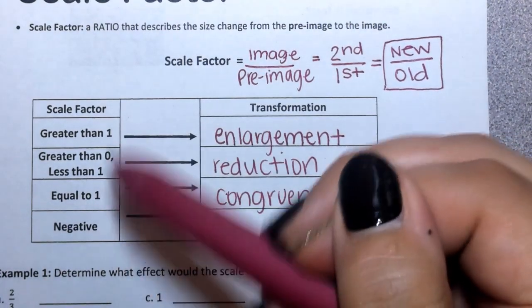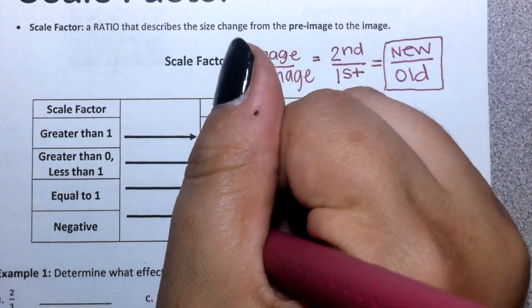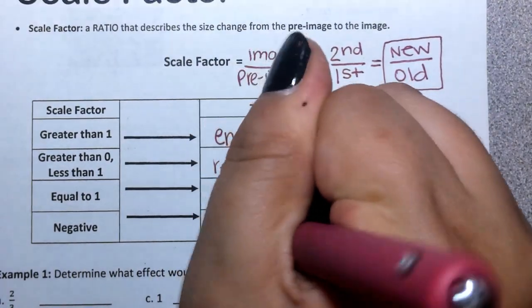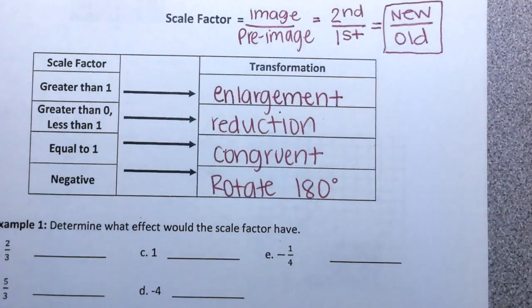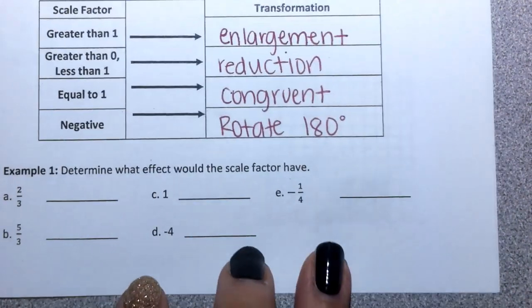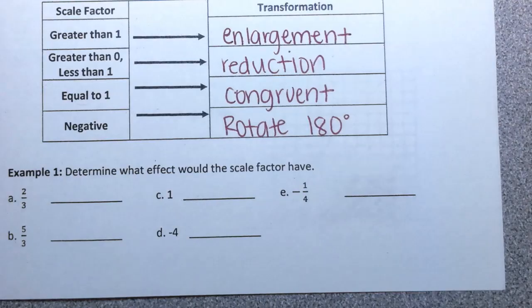It's going to do one of the above and flip, or we like to say rotate 180 degrees. If you have a negative scale factor, you are doing two things. So I'm going to give you about 1 minute. I would like you to describe what each of these scale factors does to a picture.